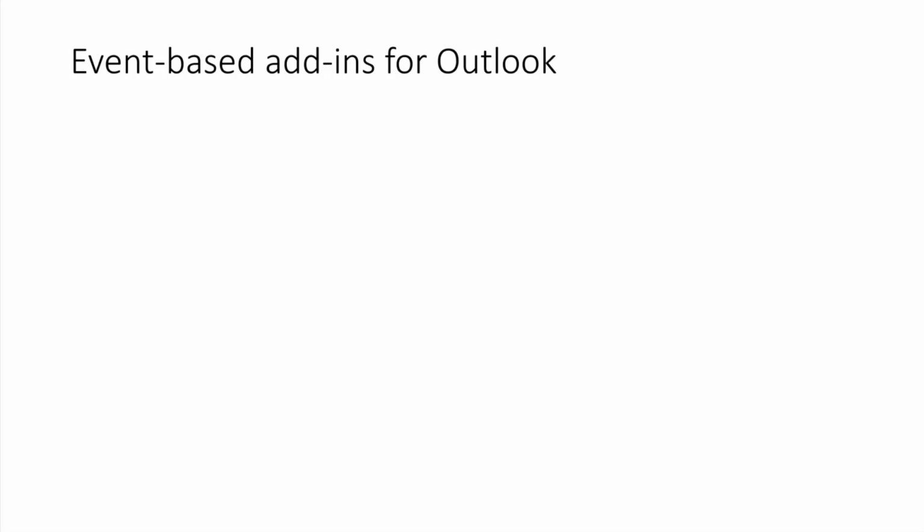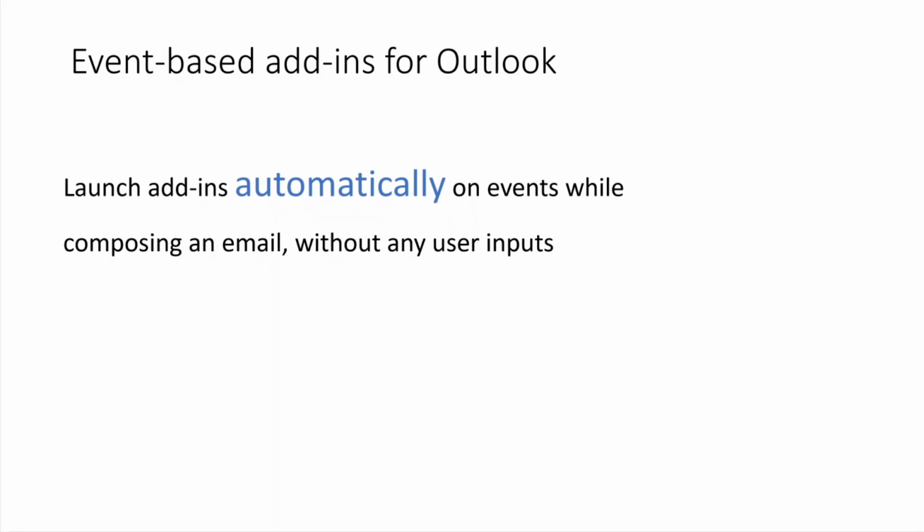So let's get started. Part one, event-based add-ins. For those of you who haven't heard, this is something that my team has been working on a lot in the last year or so. It's basically a technology that enables you to launch an add-in automatically. Subscribe to events, so while the user is composing an email, your add-in can launch in specific aspects of it without any user input.